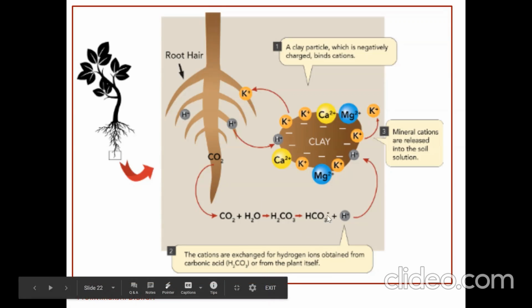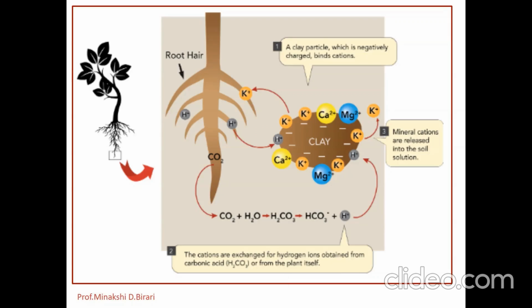So the cations are exchanged for the hydrogen ions obtained from carbonic acid or from the plant itself. So there are two theories, one is the soil solution theory and the other is the contact exchange theory. The clay particle, which is negatively charged, binds cations.